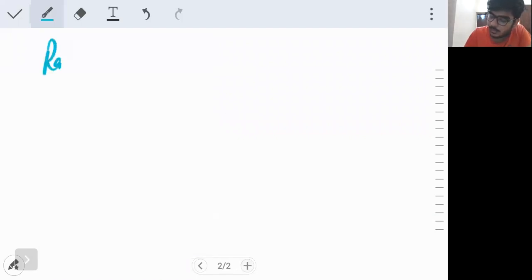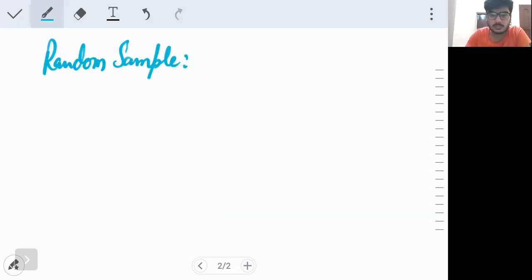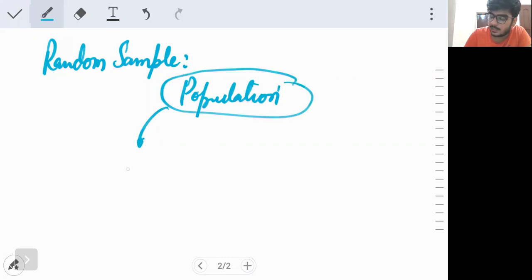So first of all, we have to understand what is a random sample, right? In trying to answer each of our research questions, we fortunately can't ask every person in the population. Instead, we take a random sample from a population and use the resulting sample to learn something and make inference about it. So let's say there is a population and we take sampling.